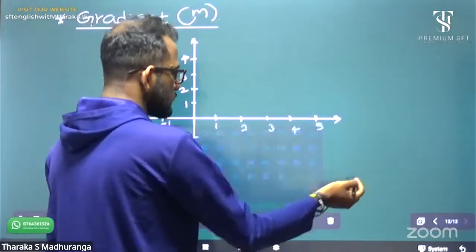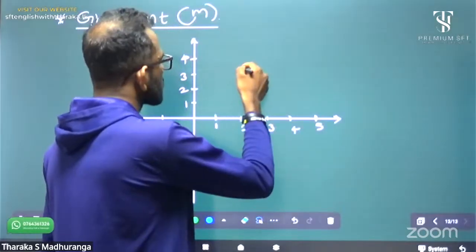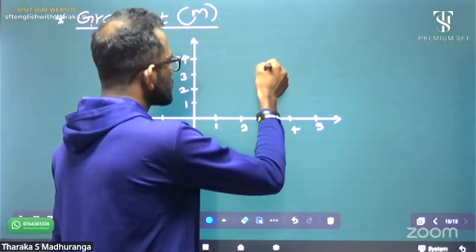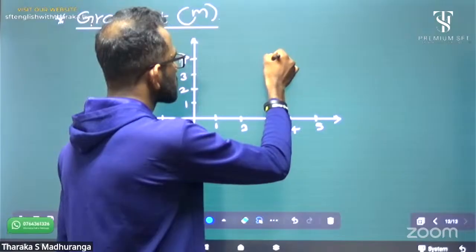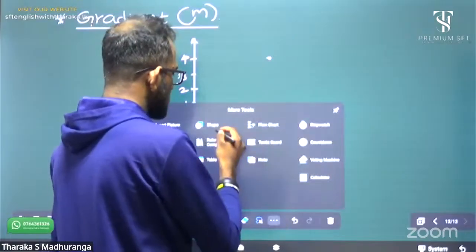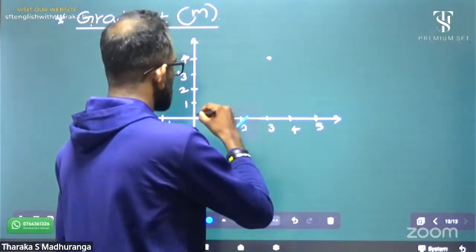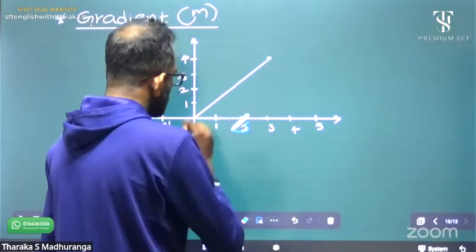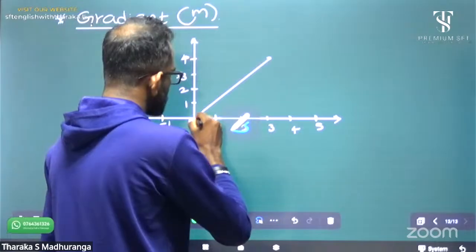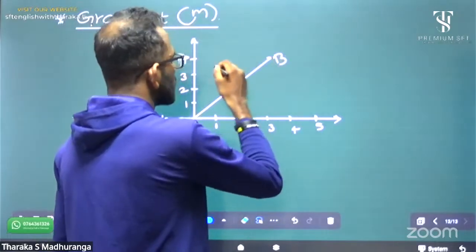Okay, if you have this type of straight line, let's take this point. This is the A point, this is the B point.